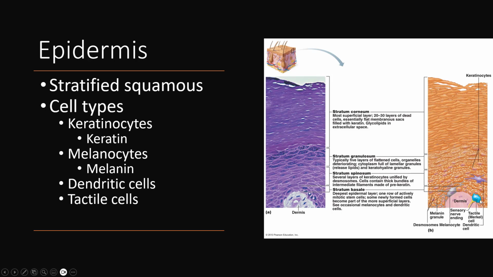So these Merkel cells will get information and pass it to this nerve ending, which will then send that information to our brain and spine. So that's how some information, things like chemical presence, can be picked up by these tactile cells, these Merkel cells, and conveyed to the neurons that are in the dermis.